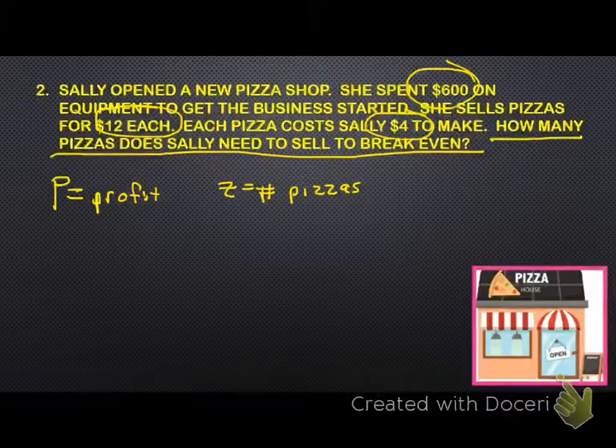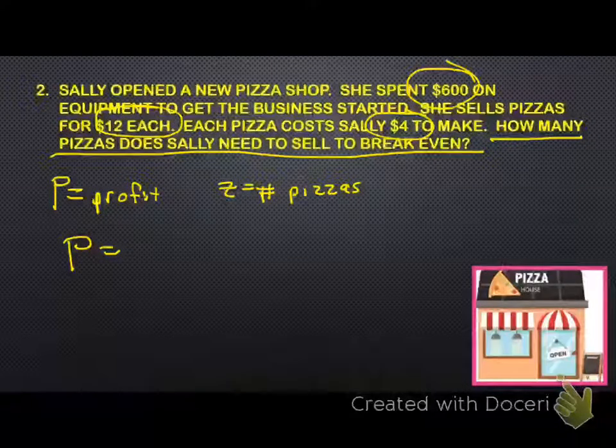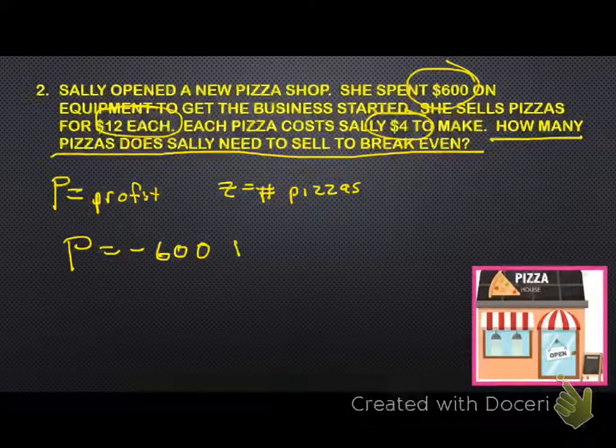All right. So what's her profit? Her profit equals how much did she start in the hole again? How could I denote $600 in the hole? Negative 600. Plus, how much profit does Sally make on each pizza again?